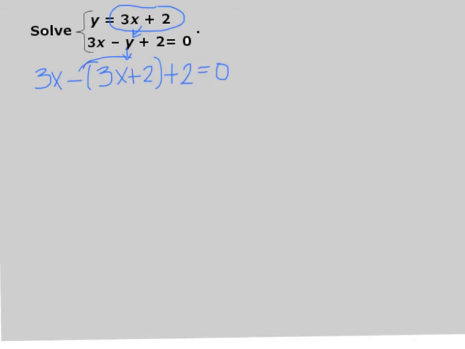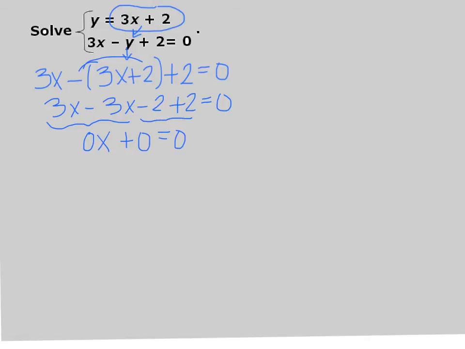So distribute. And again, our x's combine. 3x minus 3x is 0x. And negative 2 plus 2 is 0. 0 times anything, 0 times x, is 0.